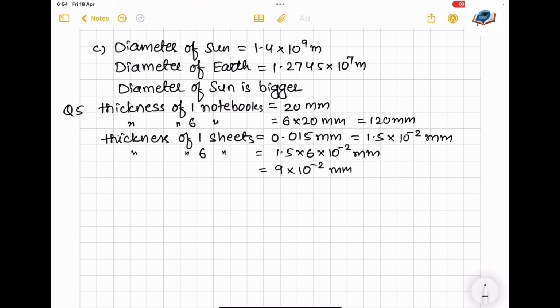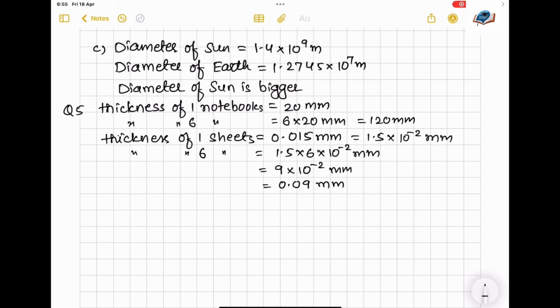Now he is asking what is the total thickness of the shelf. So 120 I can write 1.2, or I can directly solve it like this, in an easy way. This I can write 0.09 mm.